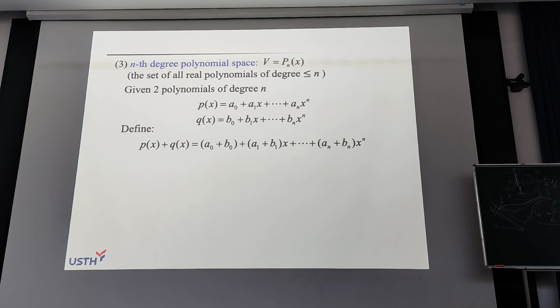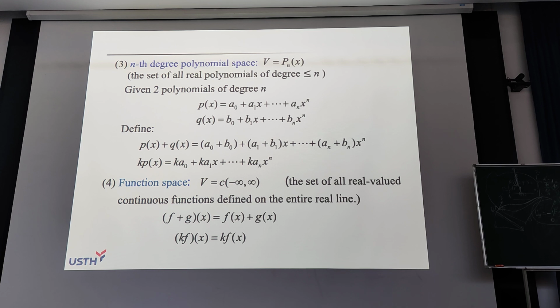It's very easy for you. You did it in high school already. You can add them together, and you get P plus Q to be that. You can define scalar multiplication by k times P(x) to be that one. Then it's up to you to verify that the two operations satisfy the 10 properties of a vector space. So it is a vector space, and now one polynomial will be called a vector inside that vector space.